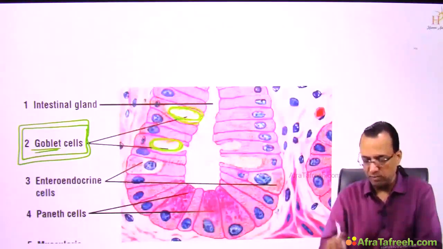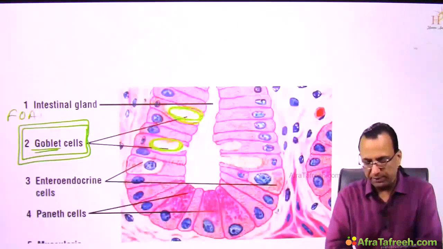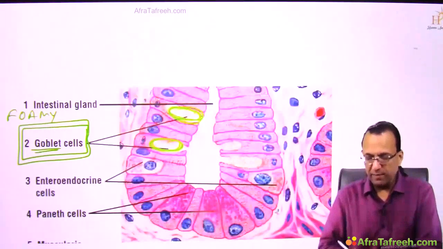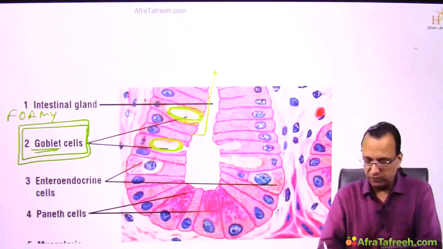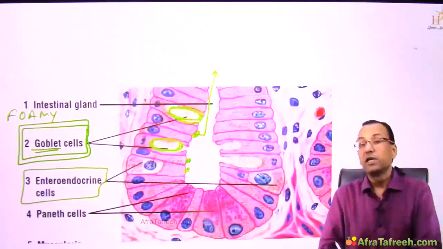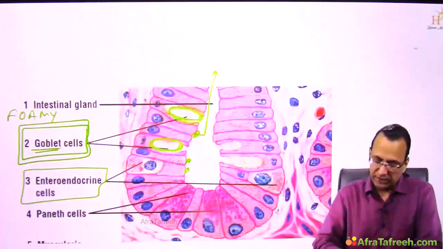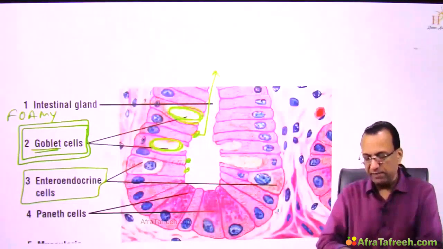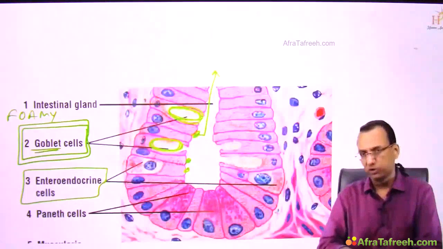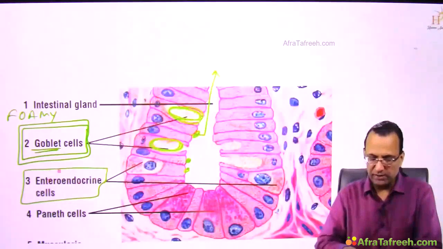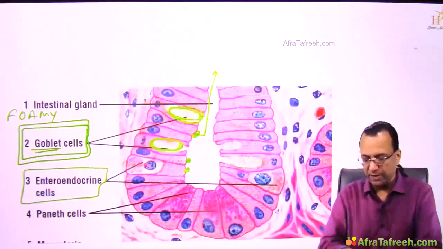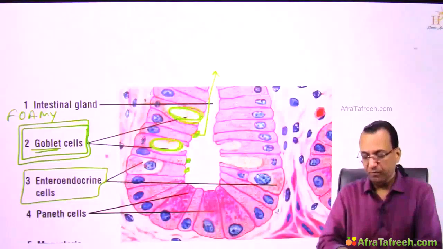Then what is in between? This is, of course, the enterocyte. Then what is this enteroendocrine cell? Enteroendocrine cells are the ones which will give us the endocrine hormones.